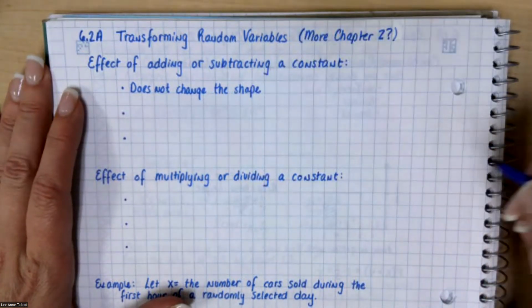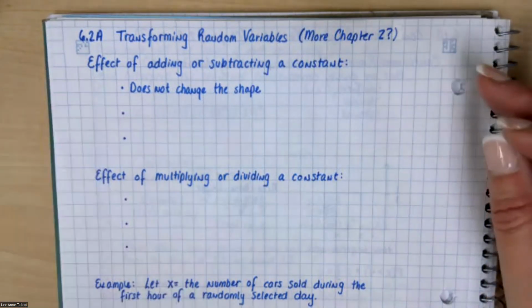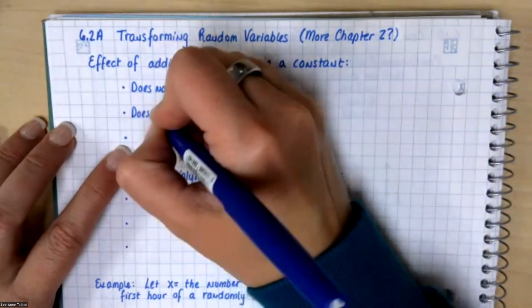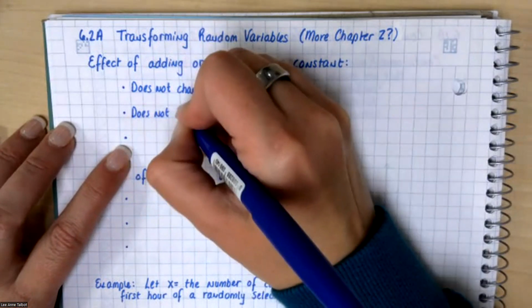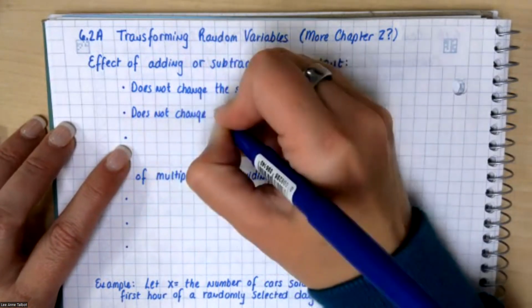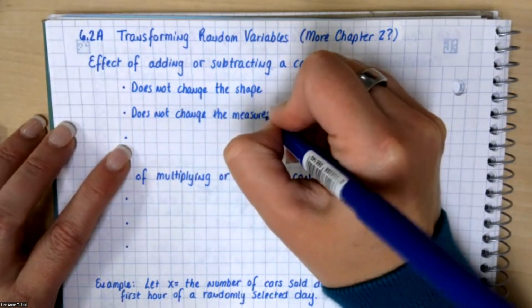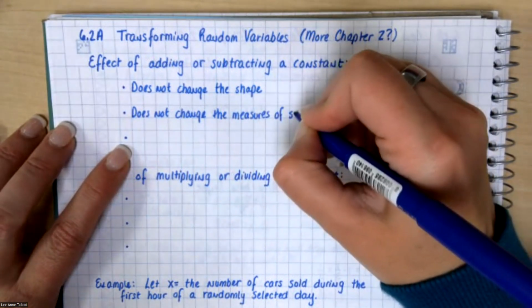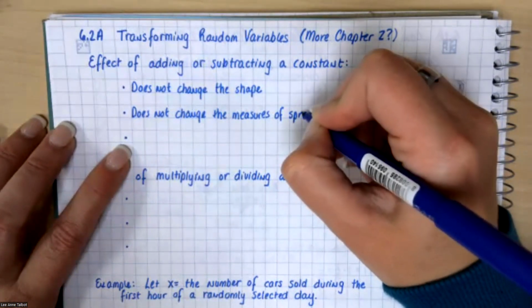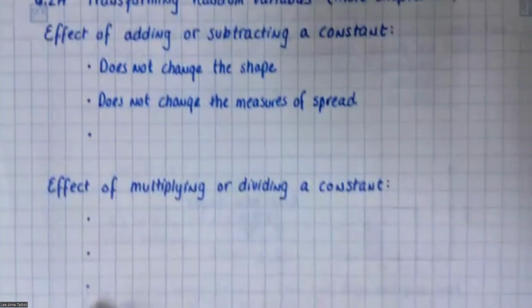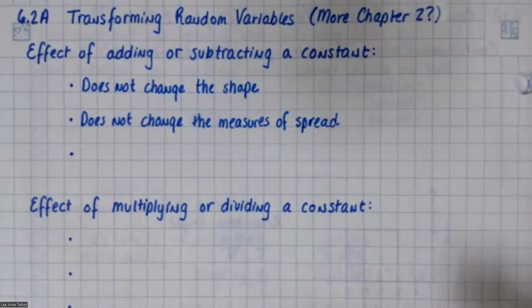Adding and subtracting a constant does not change the shape. It also does not change the measures of spread.